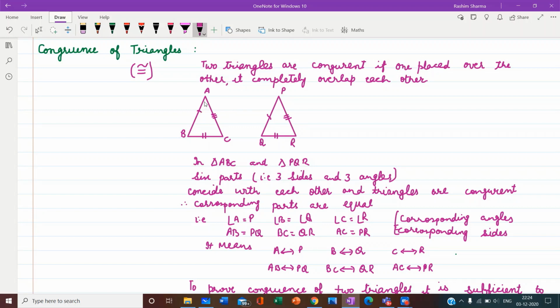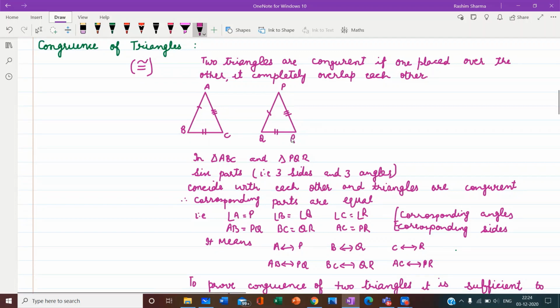Like here angle A is corresponding to angle P. So these angles are equal. Angle B is corresponding to angle Q and angle C is corresponding to angle R. Same way side AB is corresponding to side PQ, AC is corresponding to PR, BC is corresponding to QR.